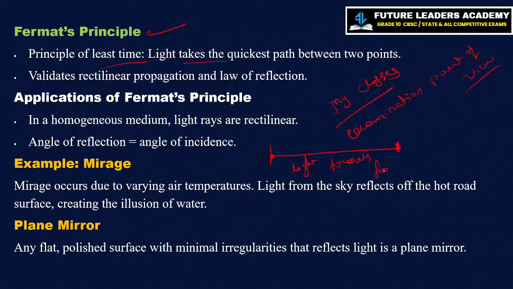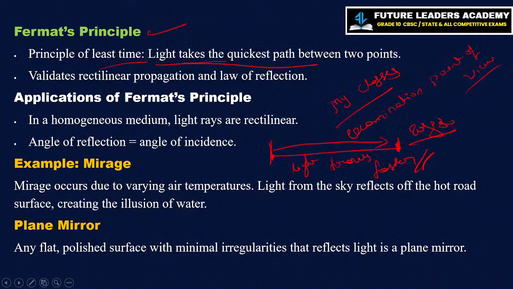This is what Fermat's principle says: light takes the quickest path between 2 points. That means to go from one point to another point, light takes the least time. It takes very least time. Light covers this path very quickly, and this we call Fermat's principle.